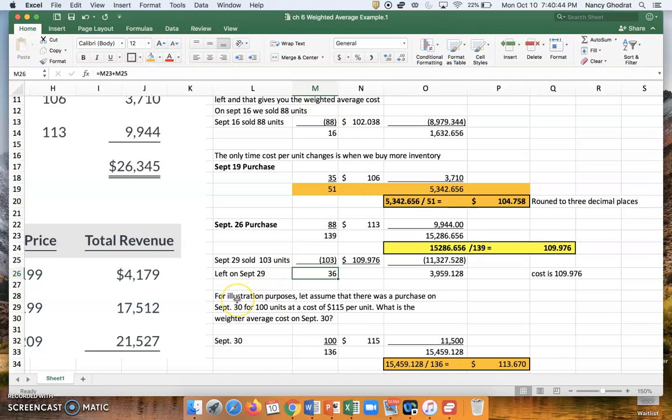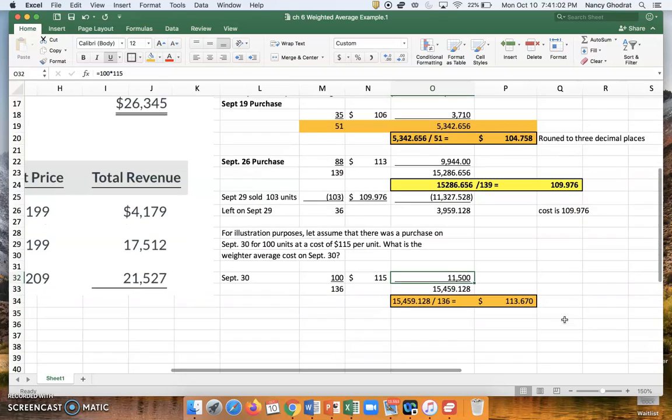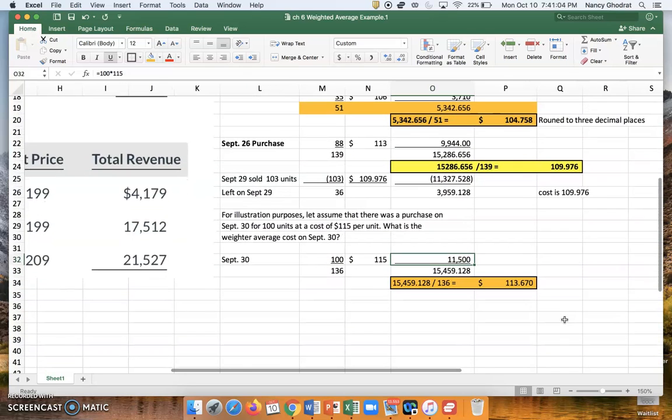I have taken this illustration one step further and I added more facts. Let's assume that there was a purchase on September 30th for 100 units and we paid $115 per unit. So the total cost of those units that we purchased was $11,500.